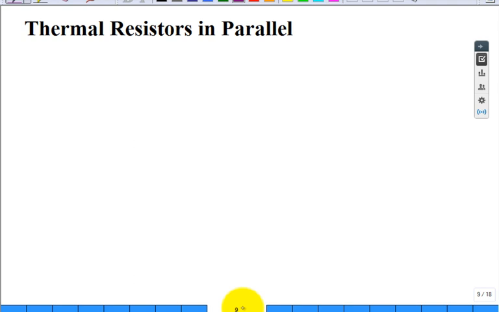Series, parallel. I get them confused all the time. Series is the easier one, isn't it? Parallel, it's like, oh, I could go this way, or I could go this way.